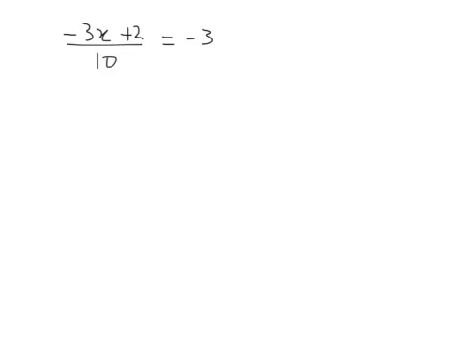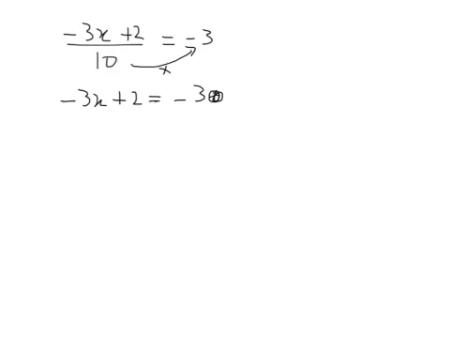For this step, the best thing to do is multiply the 10 by 3 to eliminate any fractions, so we'll be left with minus 3x plus 2 equal to negative 30. We all know negative times positive gives me negative. Okay, now it's a simple two-step equation.